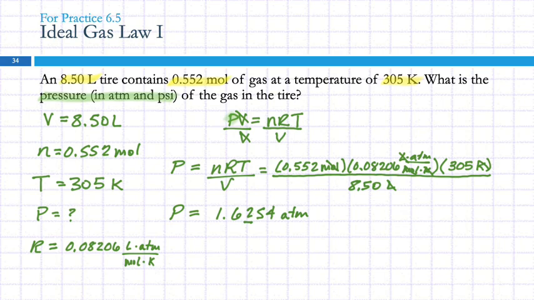So we're supposed to report the pressure in atmospheres and in PSI. How do we convert from atmospheres to PSI? We look up the relationship in the table, right? I don't expect you to memorize this one. 1 atmosphere is equivalent to 14.7 PSI.